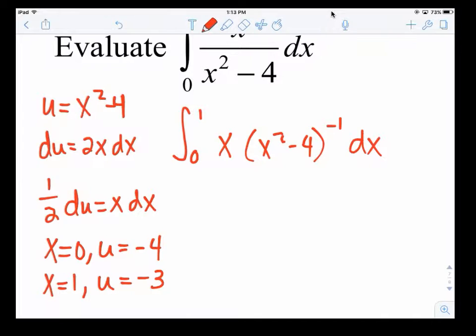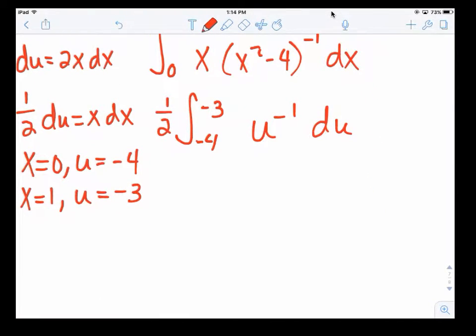All right, so does everyone understand where we're getting these values from? They're coming from here. When you plug in 0 into here, that's how you get the u-term. So we're going to go from -4 to -3, and then what would my integrand be? du, and then I got the 1/2 out front.